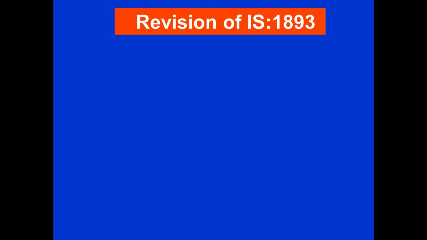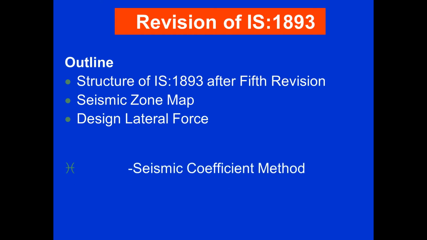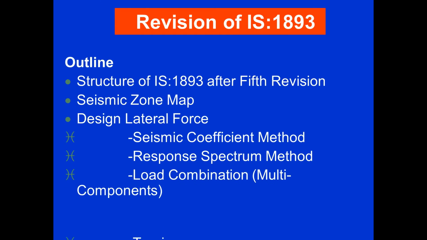So this is the outline of the revision of IS 1893. We are going to see the structure of IS 1893 after the 5th revision. Although no new revision of the code, that is IS 1893 2016, has come, these are the basic changes which have come in the same revision.